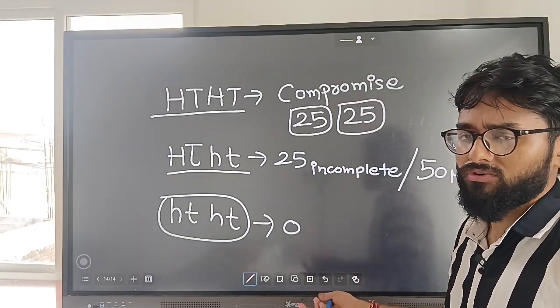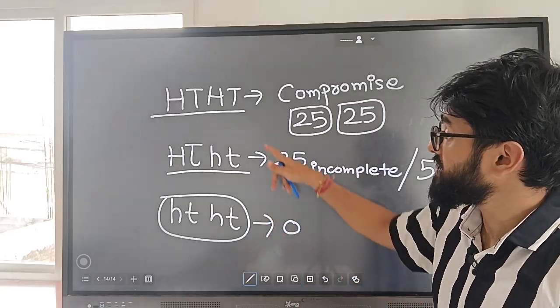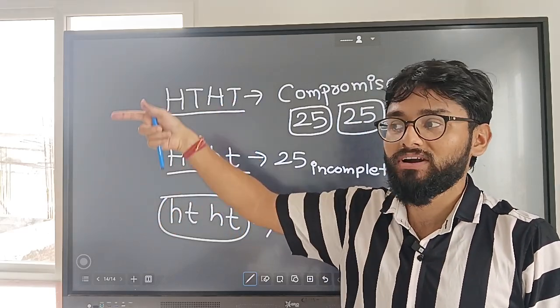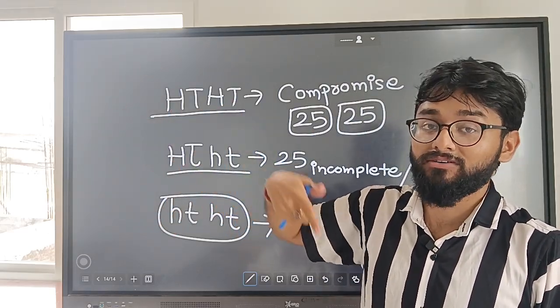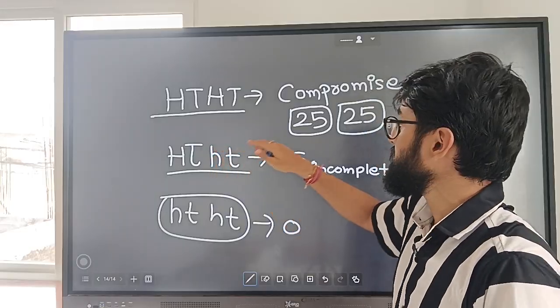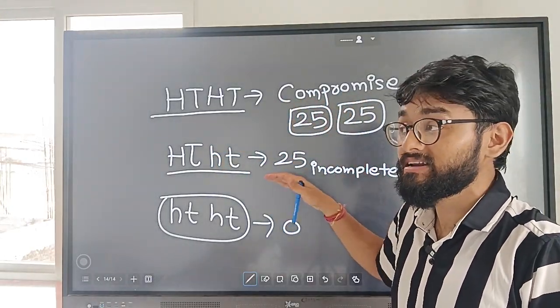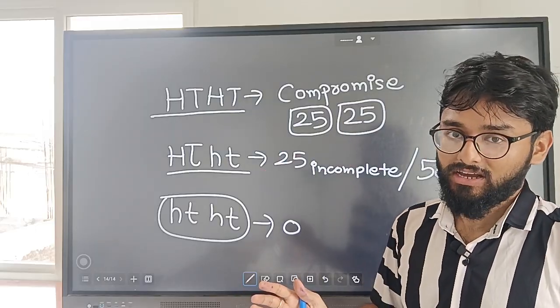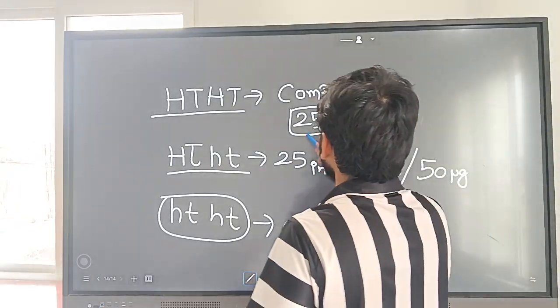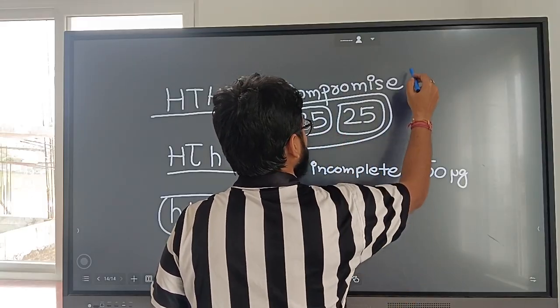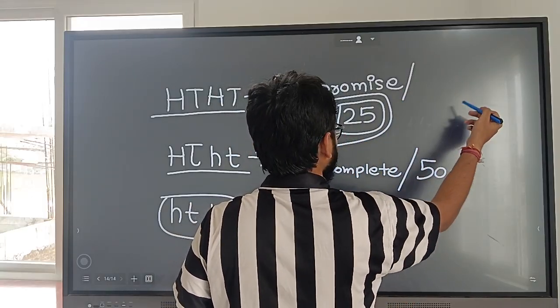There is no requirement of compensation. But in this case, when both of them want their dominancy to overtake the other, but neither of them has the capability to do it, they reach a compromise and create another genotype, a different genotype than 50.